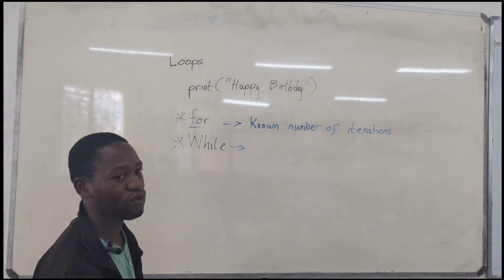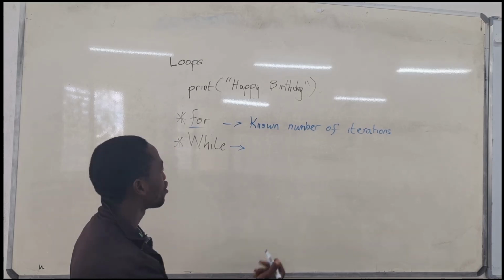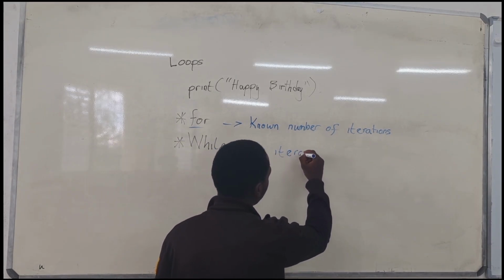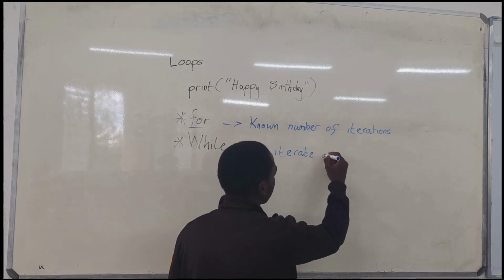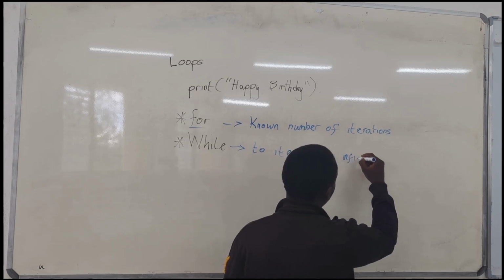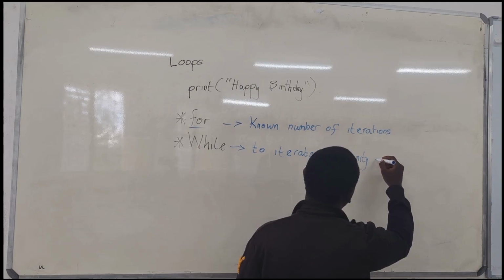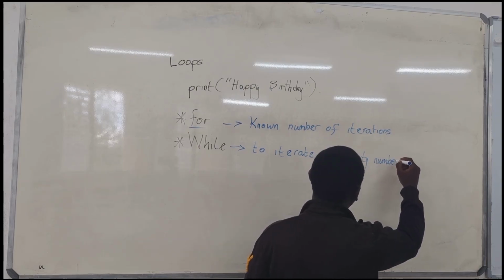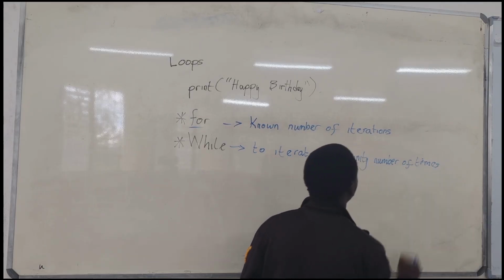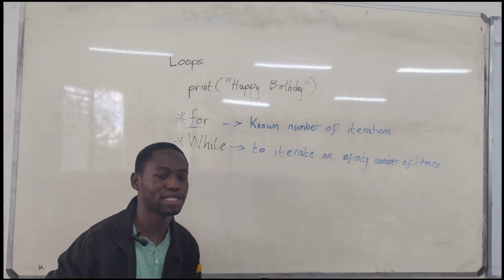You don't know when what you get will be valid, right? So you can say to iterate an infinite number of times. Those are the two loops we'll be discussing.